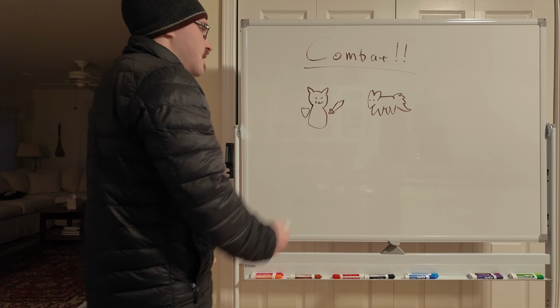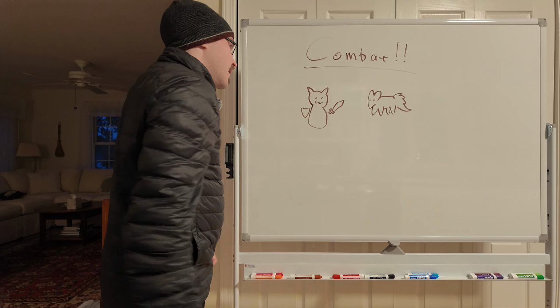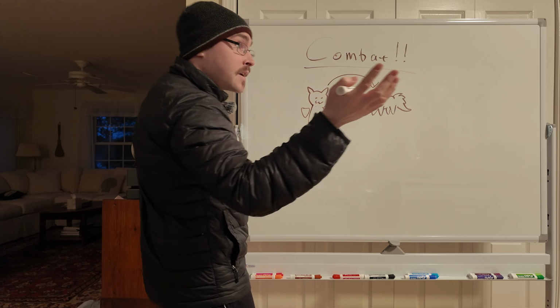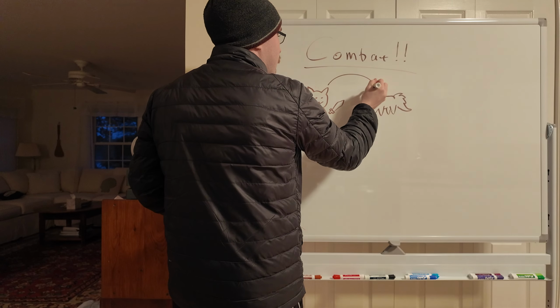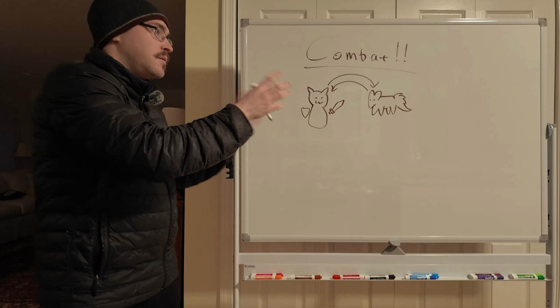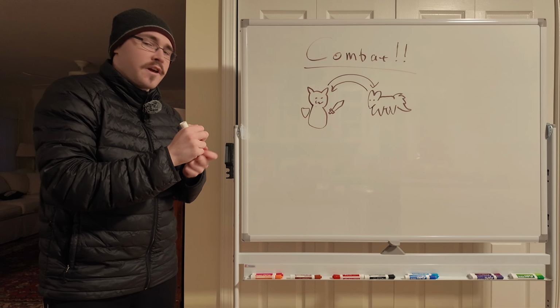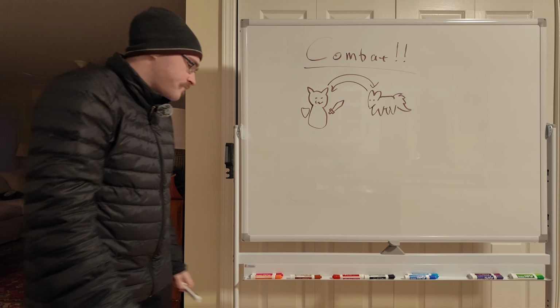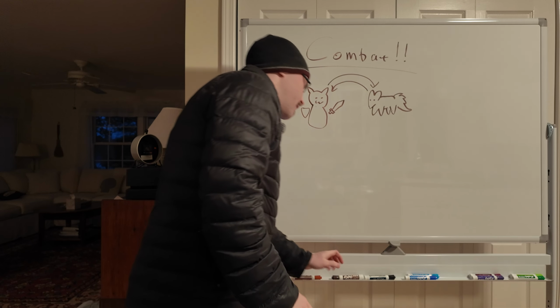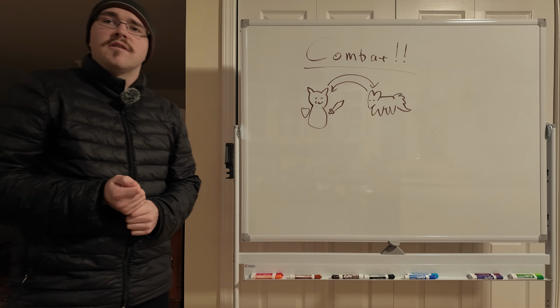So first, this fella here, he's gonna attack, or maybe he attacks second. We'll talk about that in a second too. And this guy's gonna attack back, and it's gonna keep going until one of them is defeated. So let's talk about all the possible variables and mechanics that could be involved here.